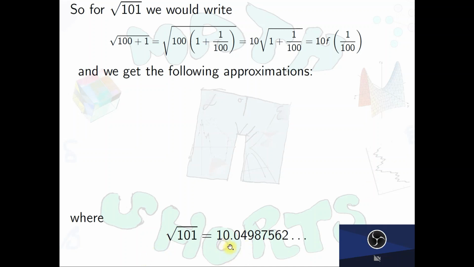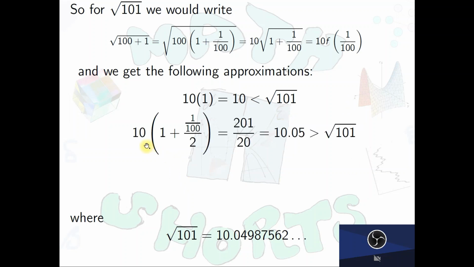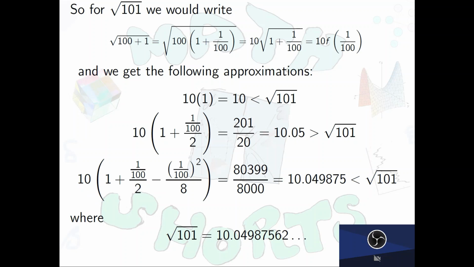Root of 101 is 10.0498 and so on. So the first term is just 1, so I get 10 times 1, which is 10, which is a little bit too small. The next term is 10 plus 1/100th over 2, which gives us 201 over 20, which is 10.05, which is not bad. It's a little bit too small. The next term, I'm going to add this 1/100th squared over 8.